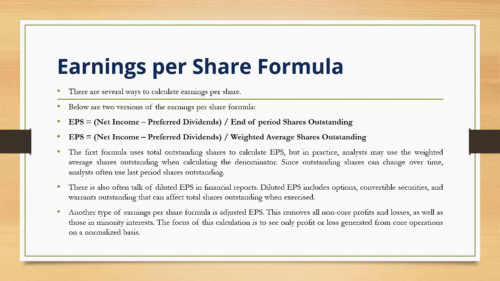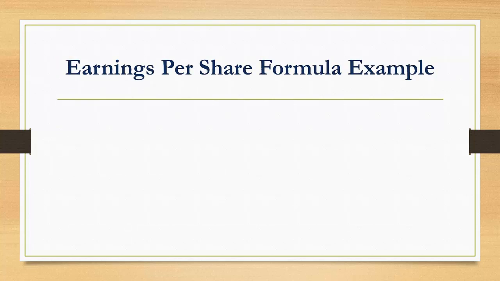This removes all non-core profits and losses as well as those in minority interest. The focus of this calculation is to see only profit or loss generated from core operations on a normalized basis. Earning per share formula, let's have a look at the example.